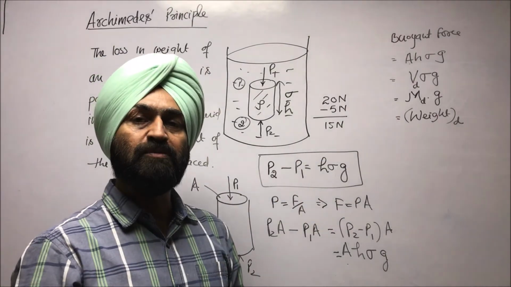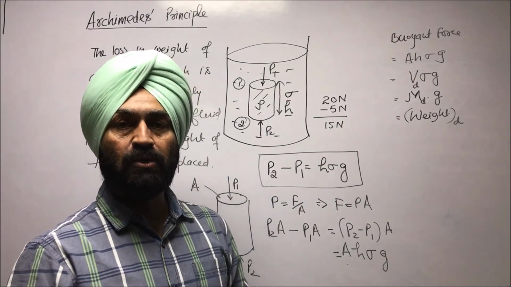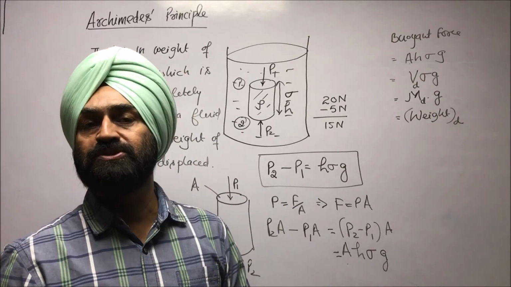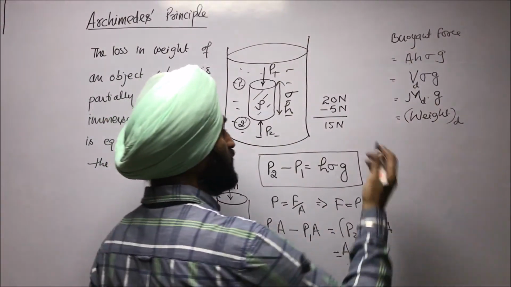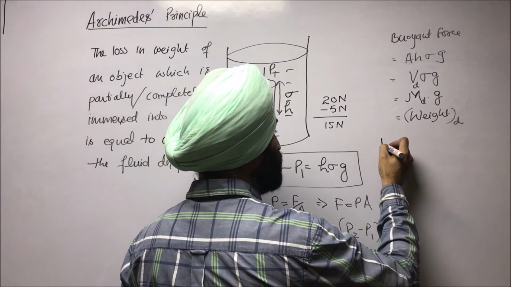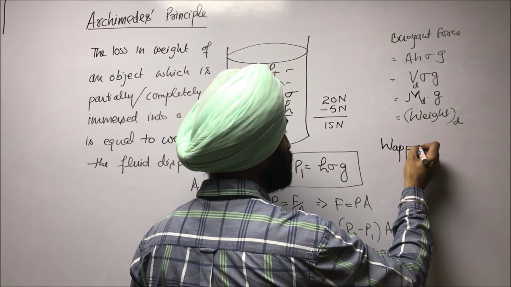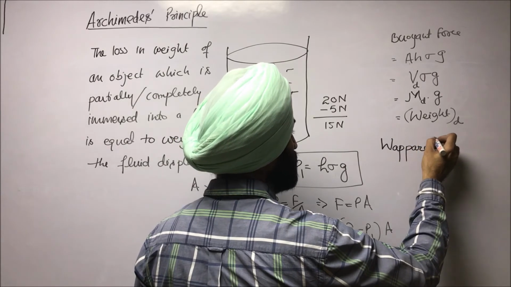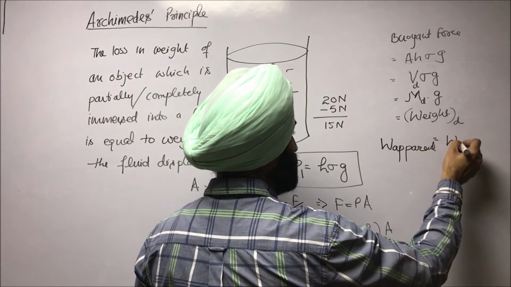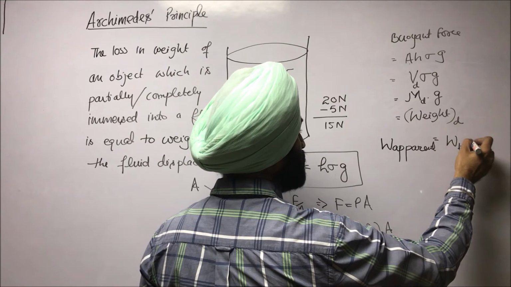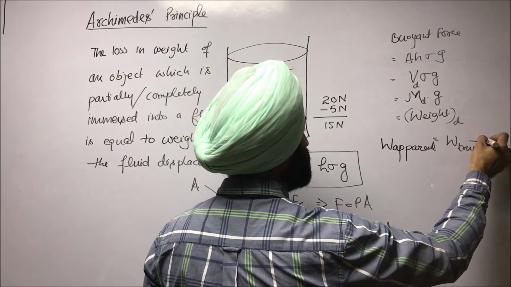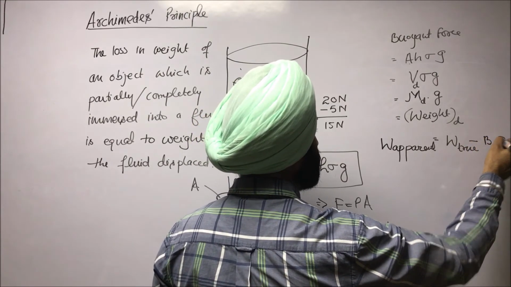Now sometimes we may be required to find the net weight of the object inside water, inside the fluid. So that weight would be called apparent weight. Apparent weight means the weight which appears to be. That is equal to true weight minus buoyant force.